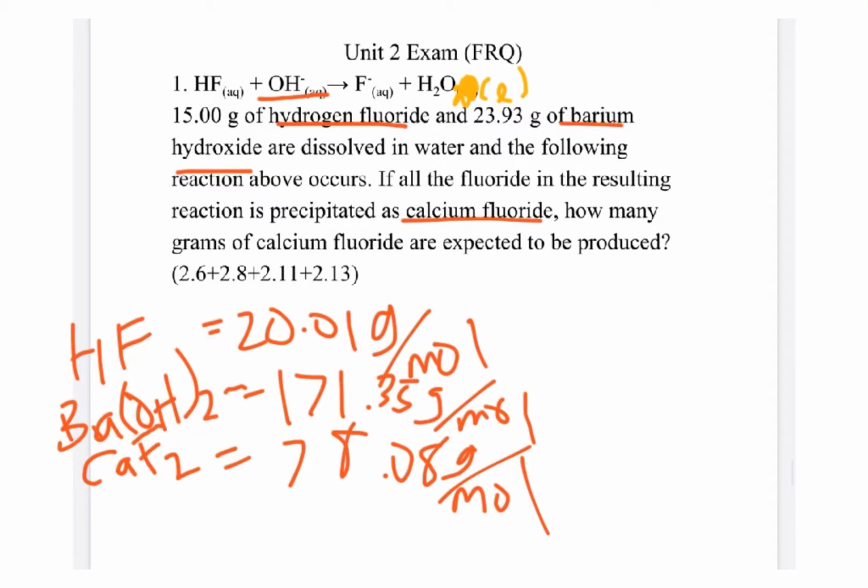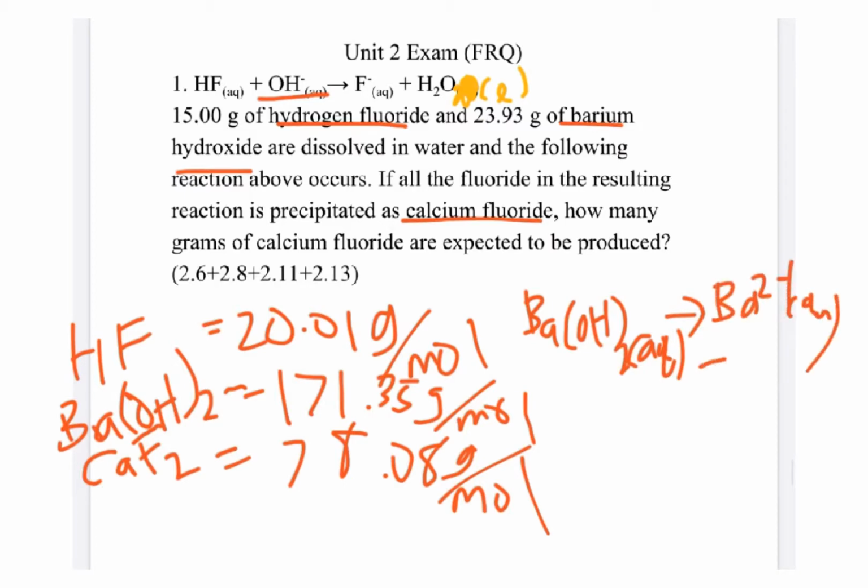So we can go ahead and write that reaction. Barium hydroxide, aqueous, will dissociate into Ba2+ aqueous, and 2 OH- aqueous.